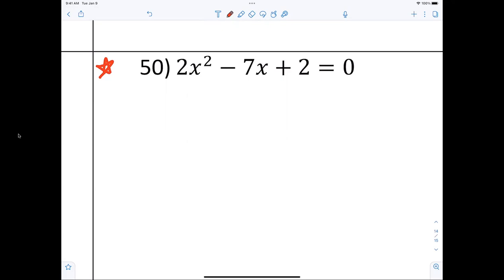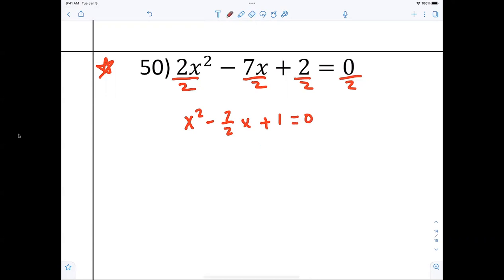So in order to complete the square, the leading coefficient must be a 1. So that means right off the bat, I have to divide everything by what? 2. So now we have x squared minus 7/2 x plus 1 equals 0. Anybody have any issues with that?